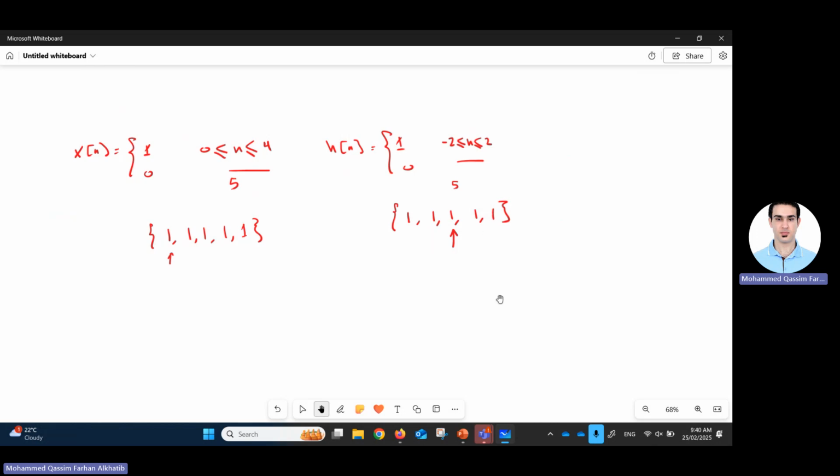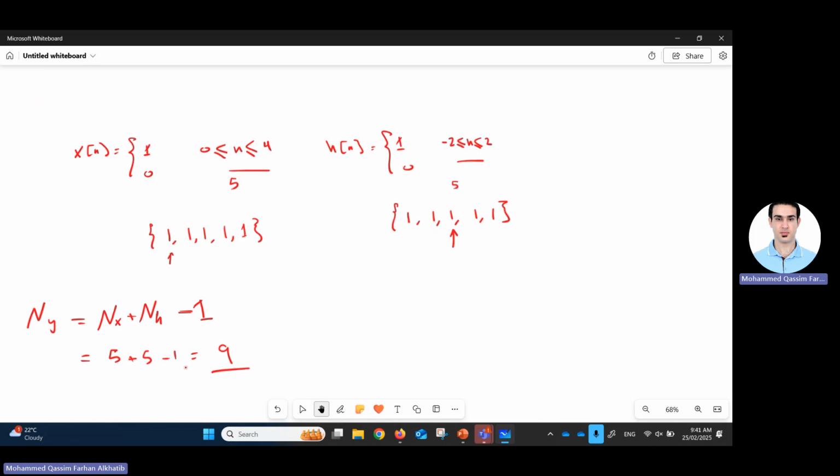So Ny means the number of samples. Ny equals the number of samples in X plus the number of samples of H minus 1. That's one of the first rules you need to memorize. The number of samples at the output equals the number of samples at the input plus the number of samples at the filter minus 1. So it's going to be 5 plus 5 minus 1. I will get 9 samples. So I know my output should have 9 samples.